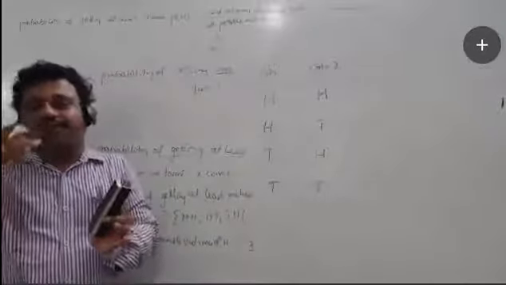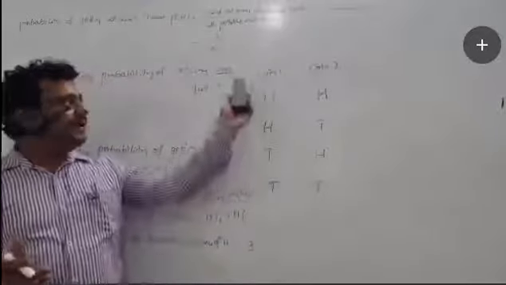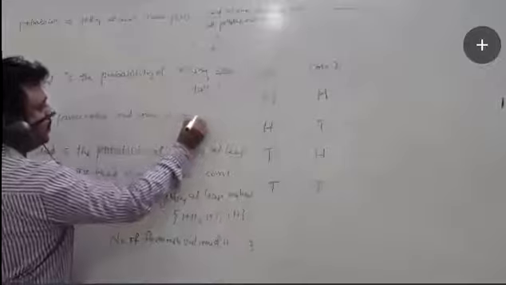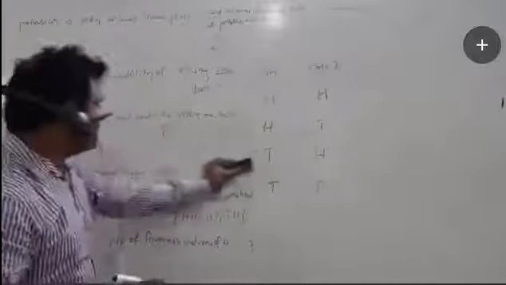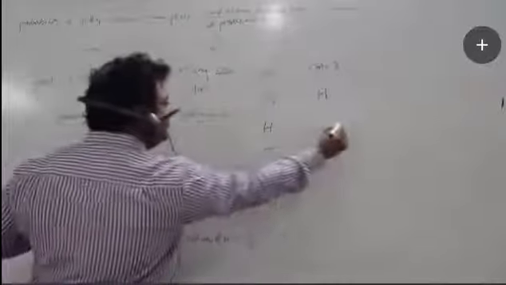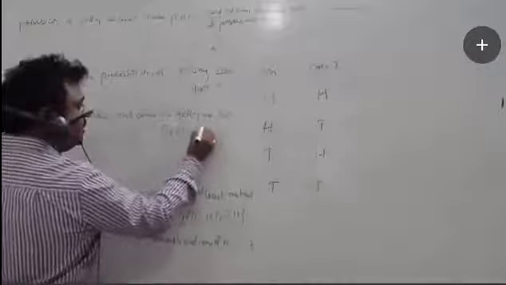First, the favorable outcomes to getting one tail. What are the favorable outcomes, friends? Yes, this situation one tail, this situation one tail. So HT, TH.